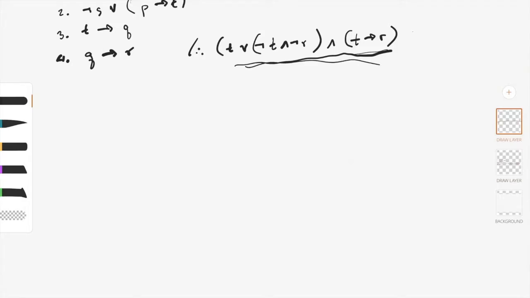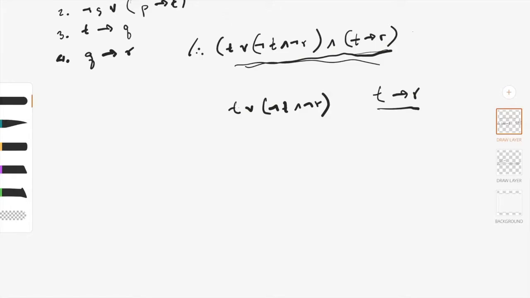So what do those two components look like? Well, on one side we want T implies R, and on the other side we want this complex expression T or not T and not R. So let's start with this side. Is it plausible that we could derive T implies R?